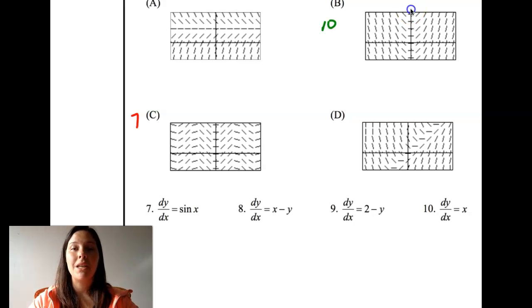So let's go over why B is the correct answer for this slope field. Again, each slope should be equal to the x value. So if you look along the y-axis, the x value is 0. All of those slopes are plotted as a horizontal line, which means they have a slope of 0. And then moving to the right, we have slopes of 1.